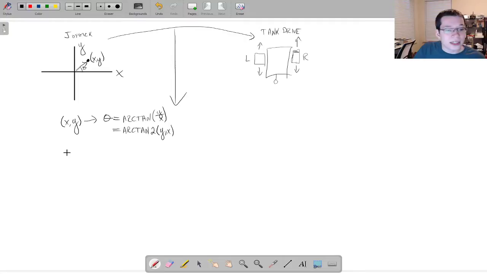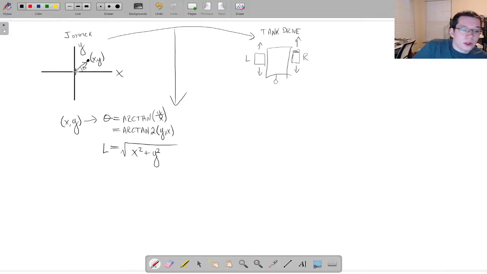The other thing we can find is the magnitude. So we'll call that L, and that will be the square root of x squared plus y squared, which we have from the Pythagorean theorem.